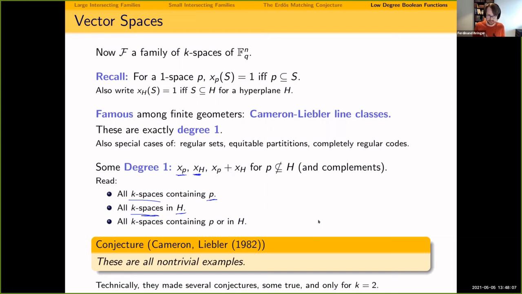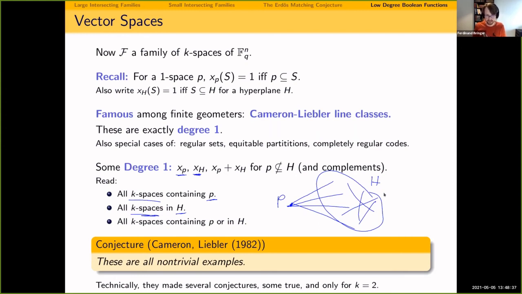And you can also take a one-dimensional subspace, which projectively is a point, and a hyperplane, which are not incident with each other. You can take all k-spaces on that point and all k-spaces in that hyperplane, and you have another example of something of degree 1. And of course, as before, you can always take complements.